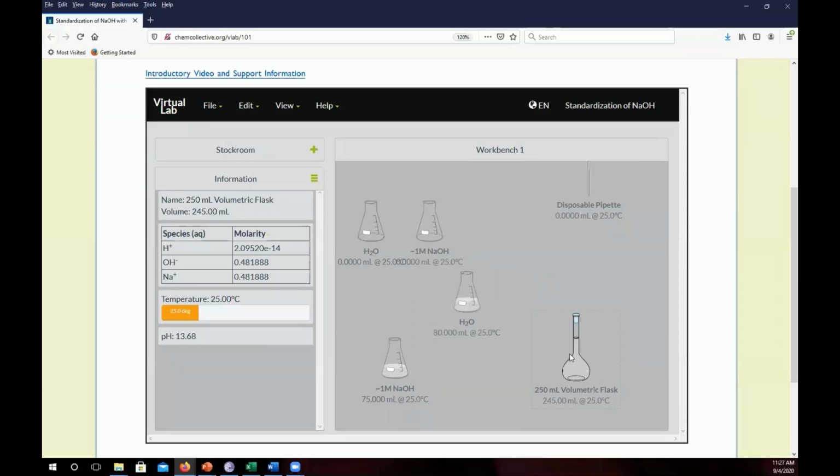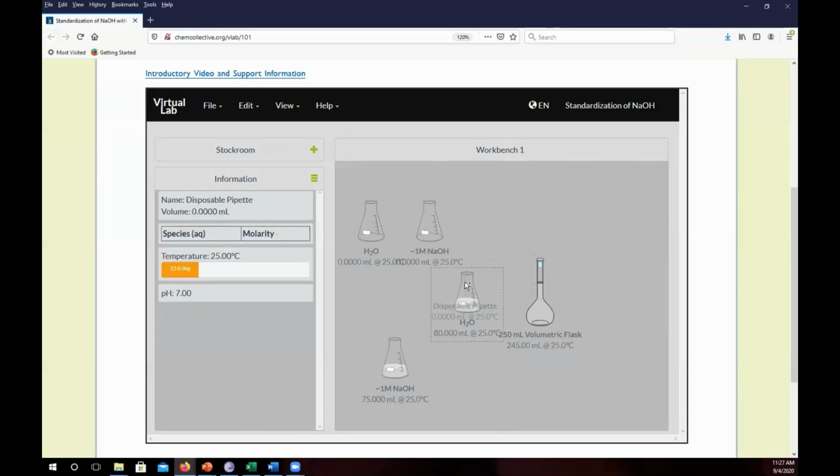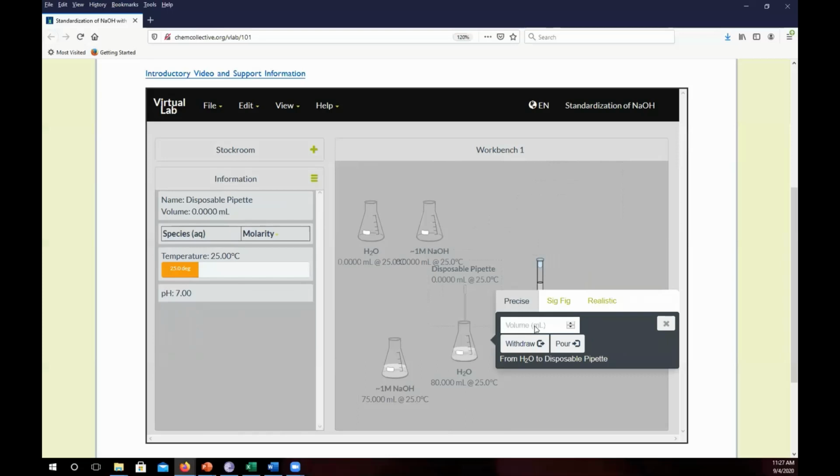I am not filling it all the way to the exact amount by pouring it directly from the water flask into the volumetric flask.